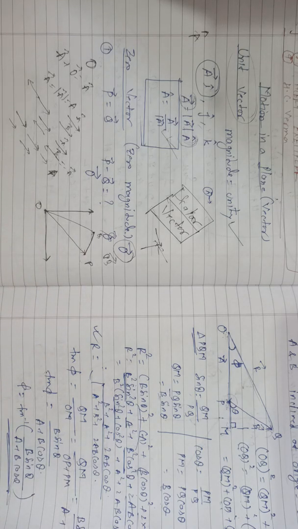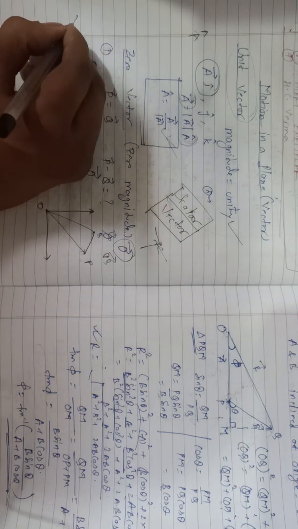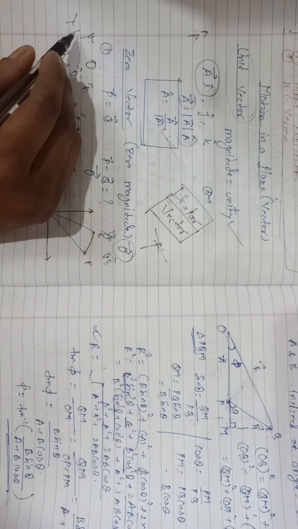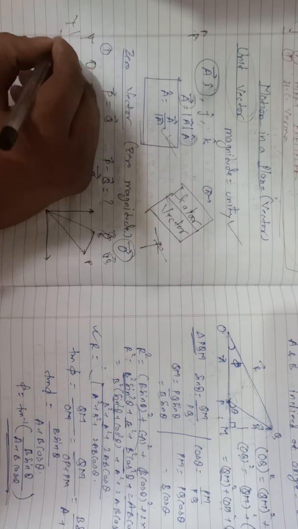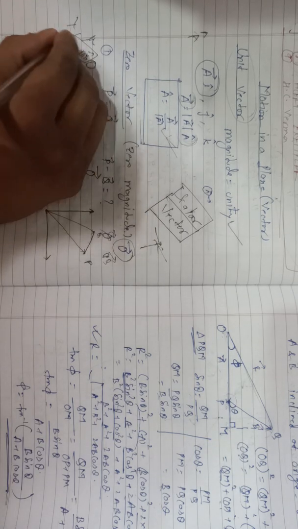When a vector is multiplied by 0, we get zero vector. Suppose there are two non-zero real numbers, one is lambda and one is mu. If lambda and mu are two different non-zero real numbers, then the relation we can hold is lambda a vector equals mu b vector.